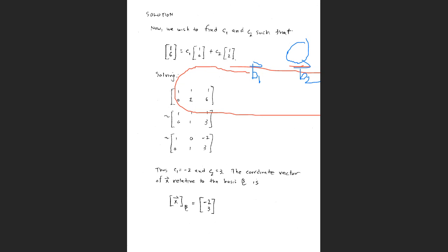And so we set up the augmented matrix. We do a few row operations to get the augmented matrix in reduced echelon form.